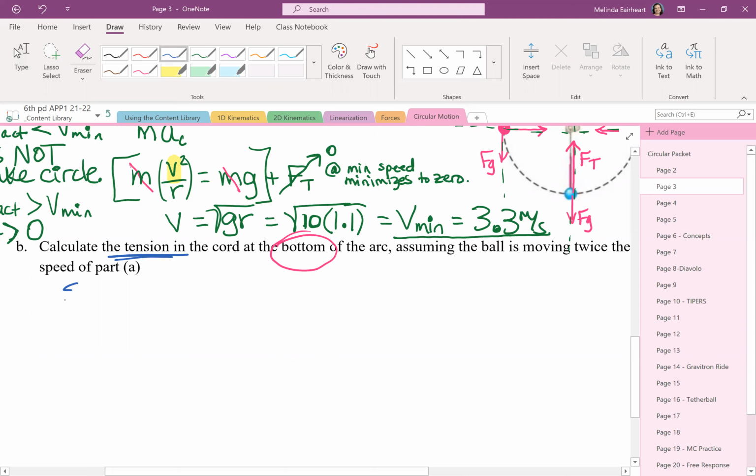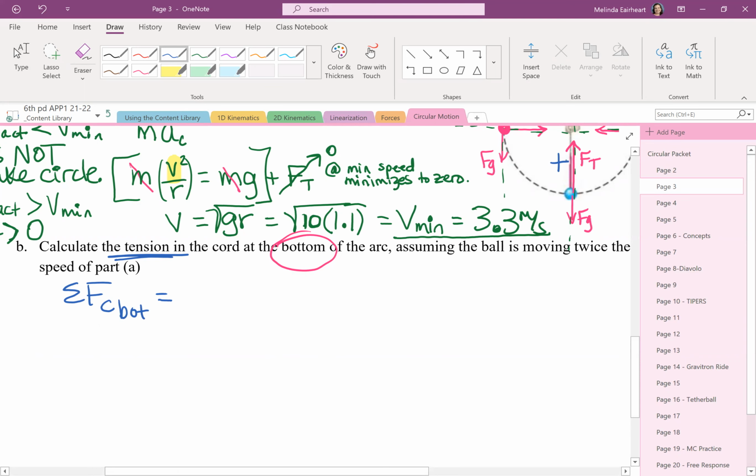F-net statement. So F-net C, because our object is moving in a circle. And just so we're all clear, it's at the bottom. So using the bottom force diagram, I have not identified positive, negative. Who's positive? Tension. Why? It's center seeking.